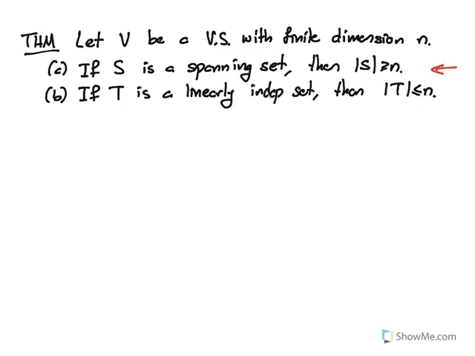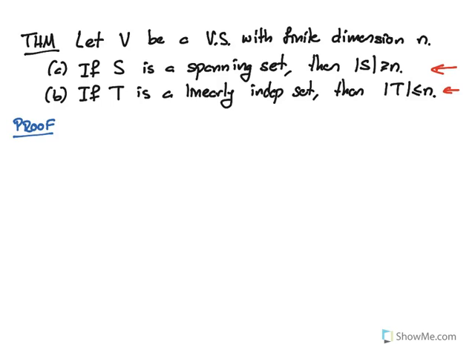First, any spanning set must have at least n elements. And second, any linearly independent set has at most n elements. It's exactly theorem X under the very mildest of disguises.